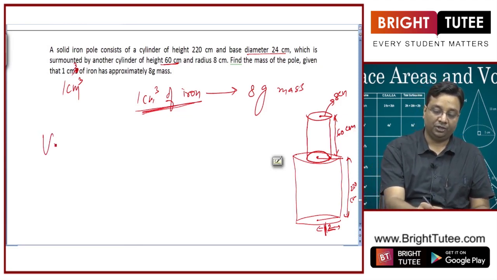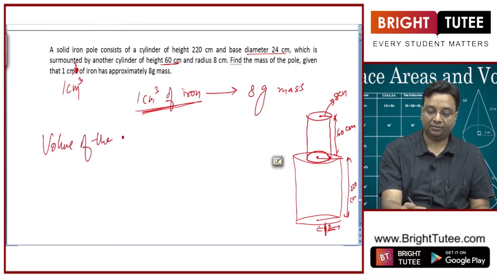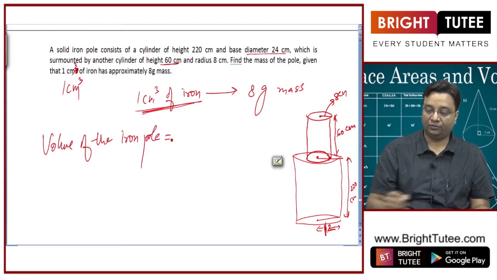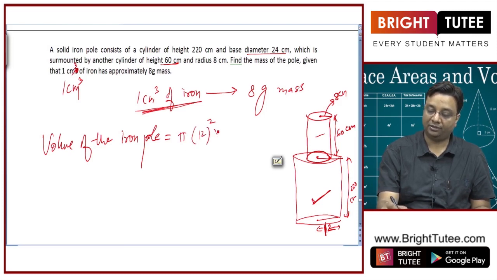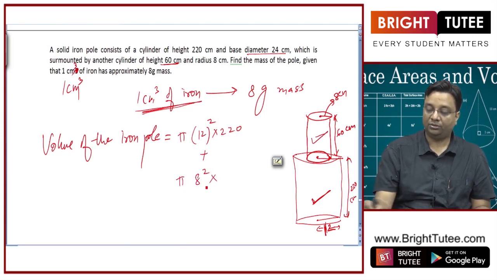Now what will be the volume of the iron pole? It is equal to volume of this cylinder plus volume of this cylinder. So what is the volume of this cylinder? Pi radius squared, this is 12 square, into height, which is 220, plus volume of this cylinder is pi radius squared into height, which is 60.